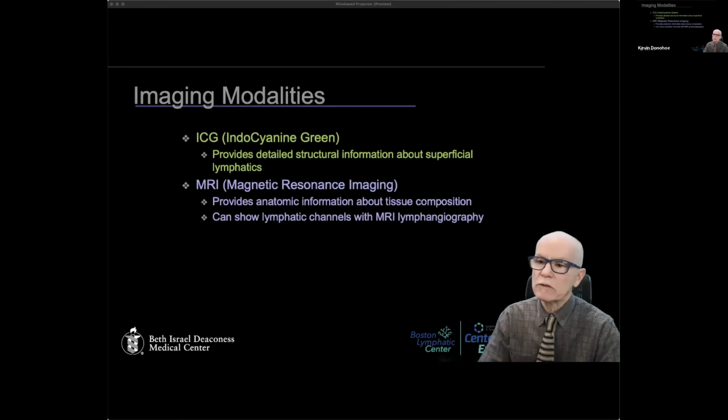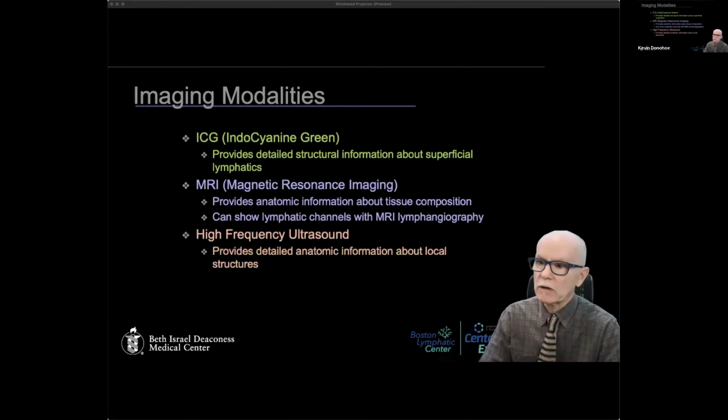MRI, magnetic resonance imaging, gives great anatomic detail and great information about tissue composition. When somebody has a swollen extremity, you're trying to figure out how much of it is fat, how much of it is fluid. MRI is fantastic for that. It can also show the lymphatic channels with MRI lymphangiography, but it's showing you the anatomy. It's not showing you the function of the channels as much.